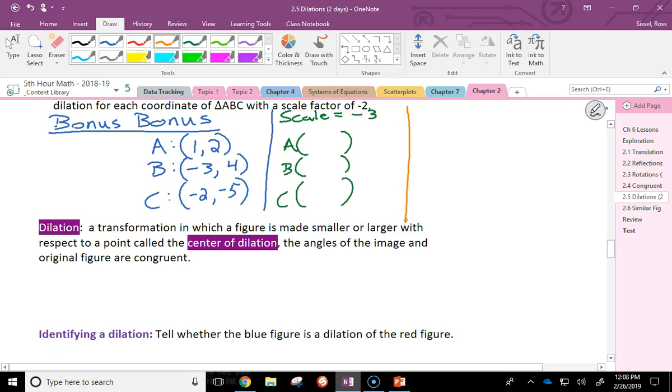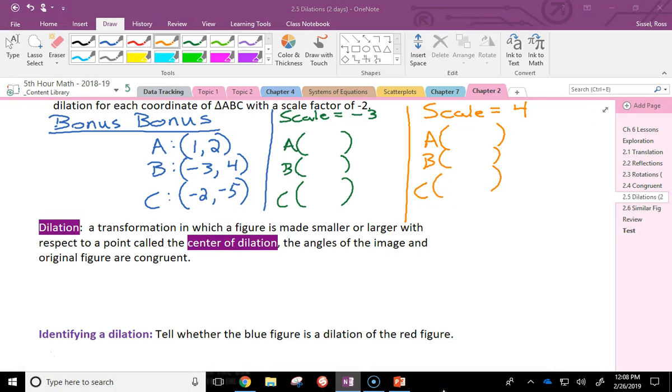And for the second one, if my scale was 4. This is your bonus. Turn it into me as soon as you get done, and then work on your homework. That's what we will grade for tomorrow.